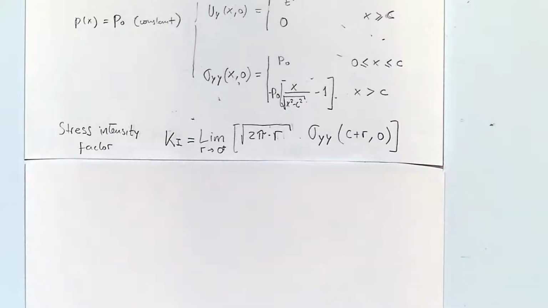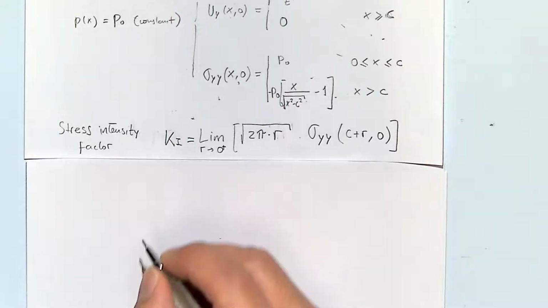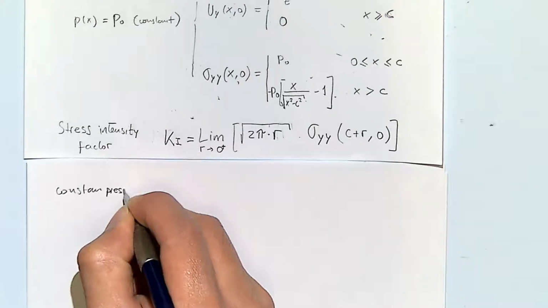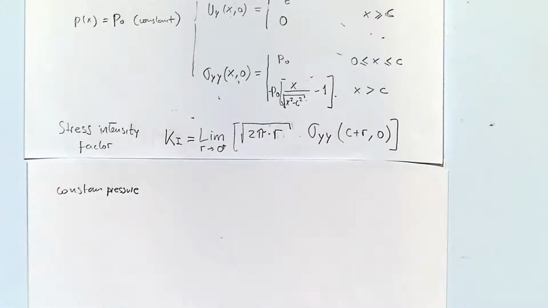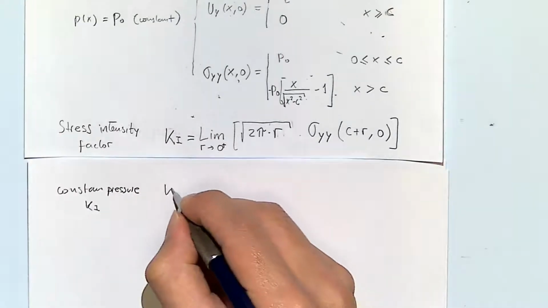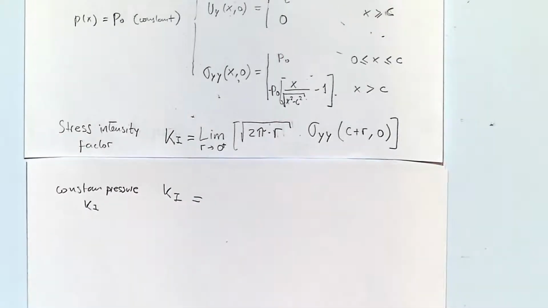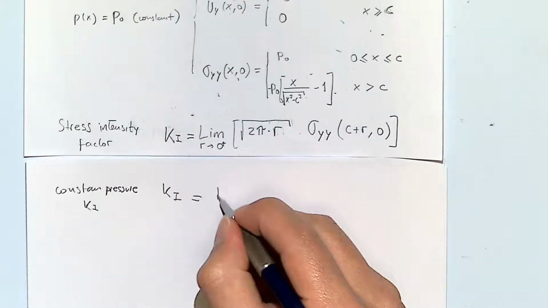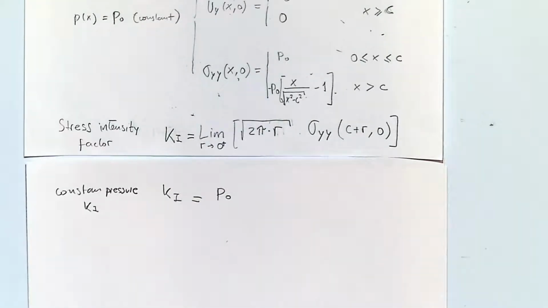So I can give you a hint. Obviously, the constant pressure is going to be there, right? So this pressure, you can take it out. It's going to be somewhere over there.